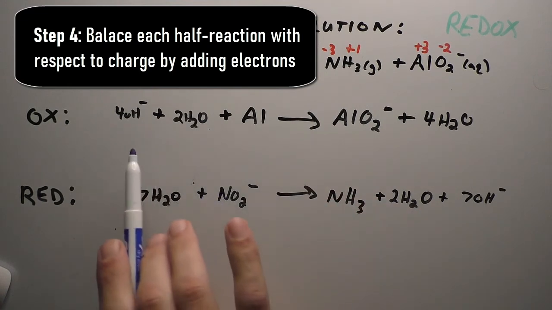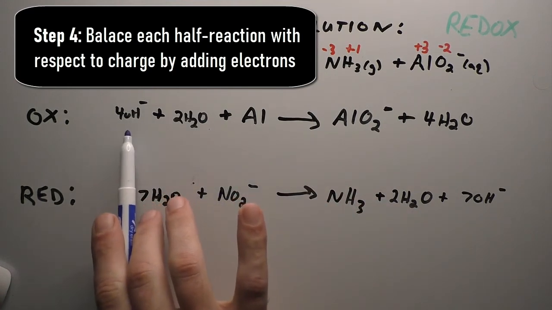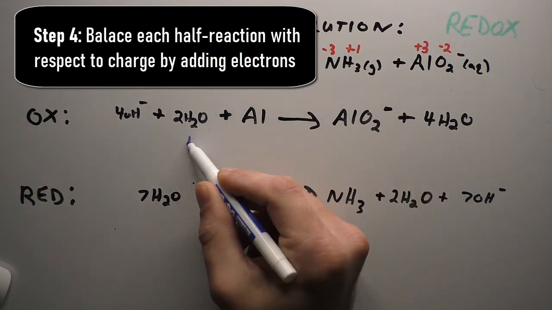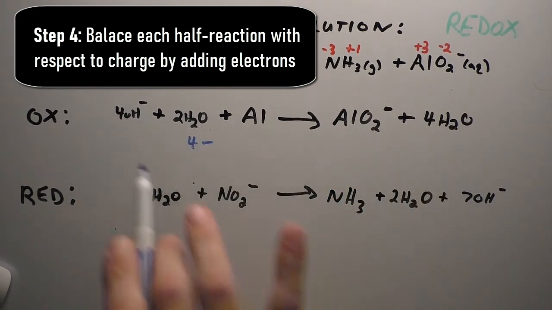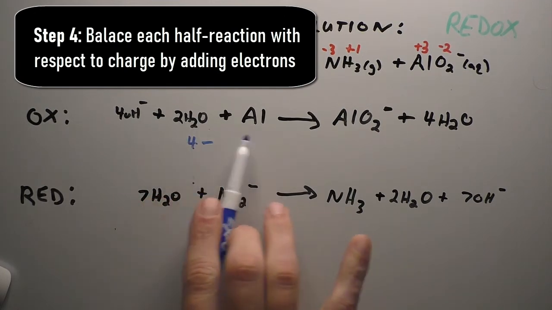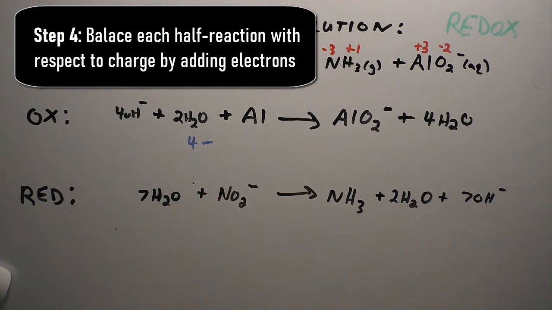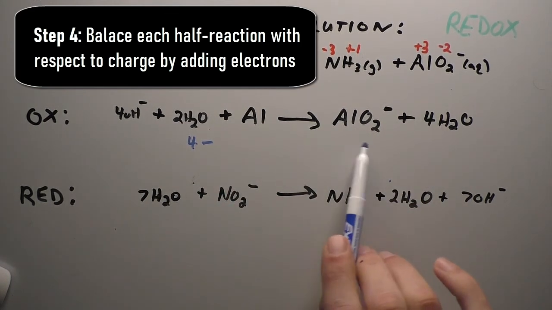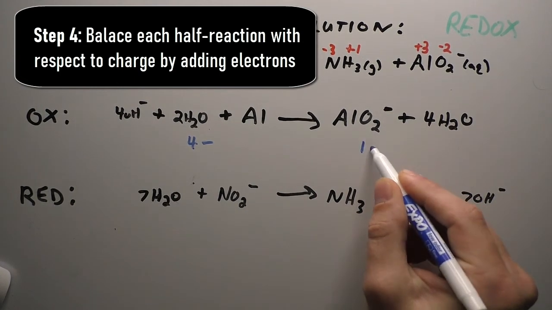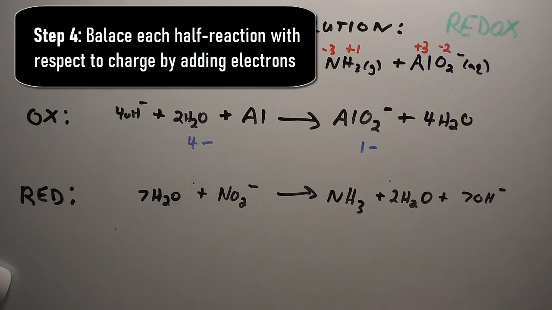Well, we have 4 hydroxide ions, each with a charge of -1. So the charge is 4 minus on the left-hand side of the oxidation half reaction. And then there's no charge anywhere else, no charge in the water, no charge in the aluminum. And then on the right, we have a single aluminate ion with a charge of 1 minus, so I'll just write that in, 1 minus, and again, no charge from the water.